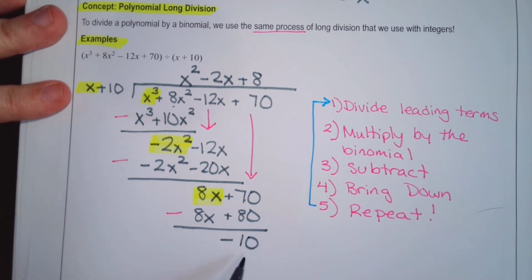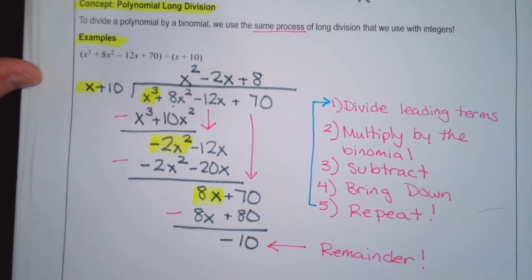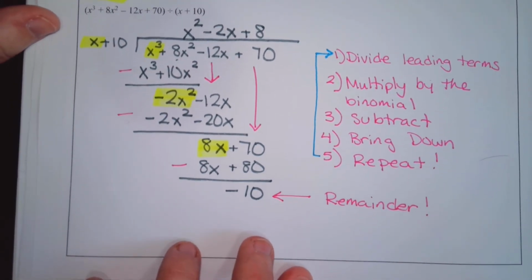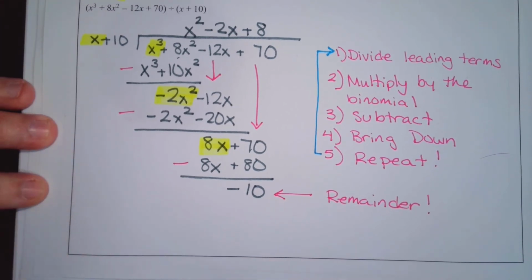And as you can see, there's no variable left here. So when you are out of variables, this remaining integer is our remainder. So we have now finished. Now it's just time to write our answer in the correct standard form.